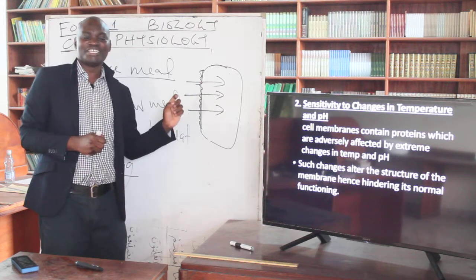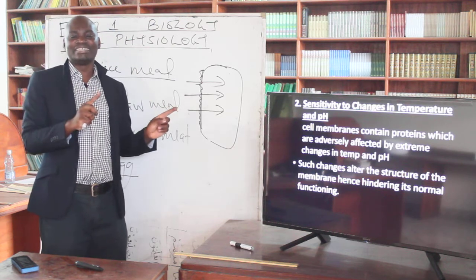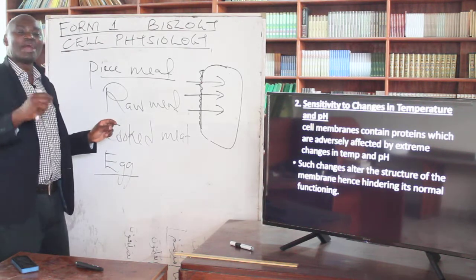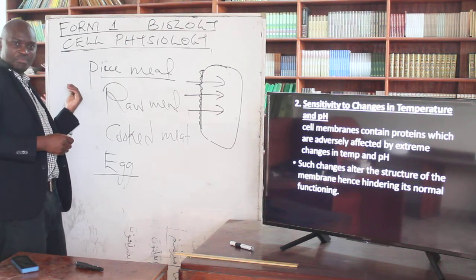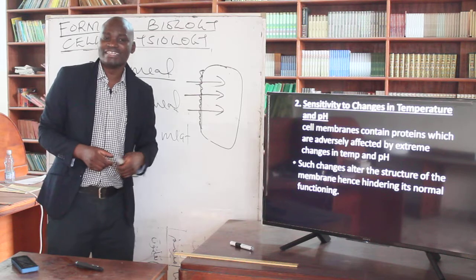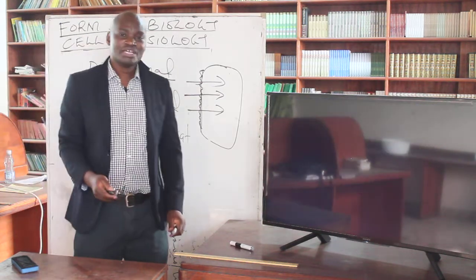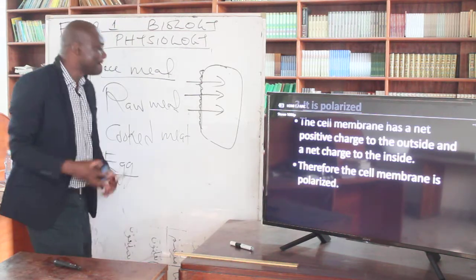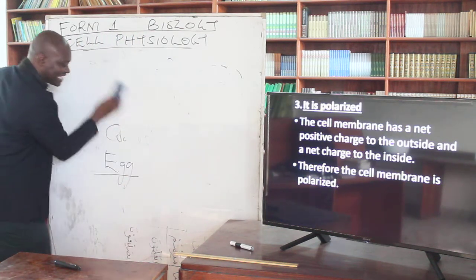The structure of amino acids is normally affected by the surrounding pH. Whether pH is low, meaning acidity, or pH is high, meaning basicity, the structure of the cell membrane will be affected.